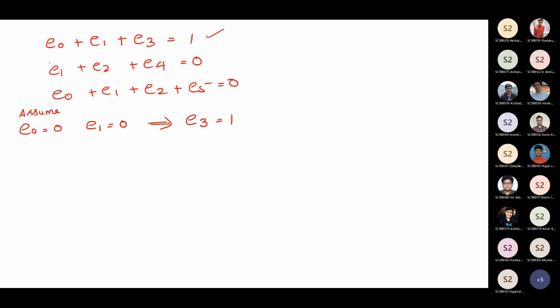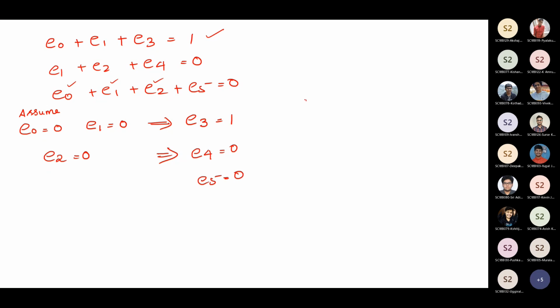Taking the second one, E1 is there, E2, E4 we don't know, so we can make an assumption for E2. Let E2 be 0. If E2 is 0, you will get E4 as 0. Next one, E0 is there, E1 we know, E2 we know, all three zeros, so E5 will be equal to 0.